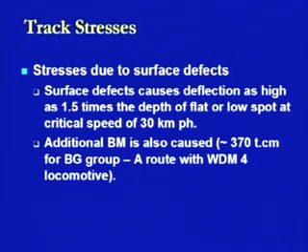So, that is the amount of deflection which has been caused, and additional bending moment is also caused because of the surface defects, and this is roughly 370 ton centimeters for broad gauge group, that is the category A route with the WDM4 locomotive, that is the locomotive being manufactured for the broad gauge, that is W, with the diesel operating condition, that is D, for a mixed traffic, that is M. This we have already seen when we discussed the classification of locomotives.